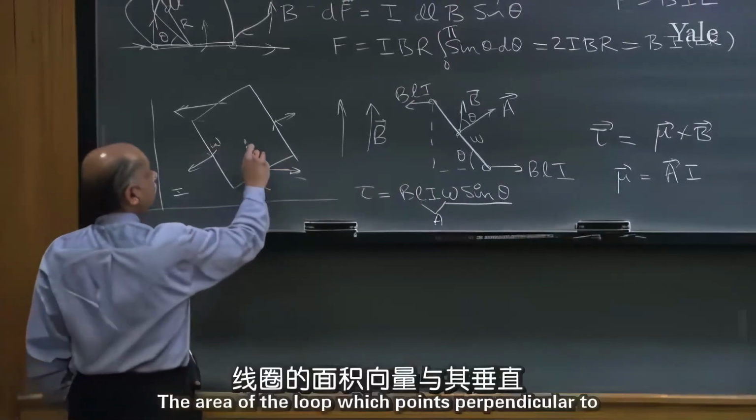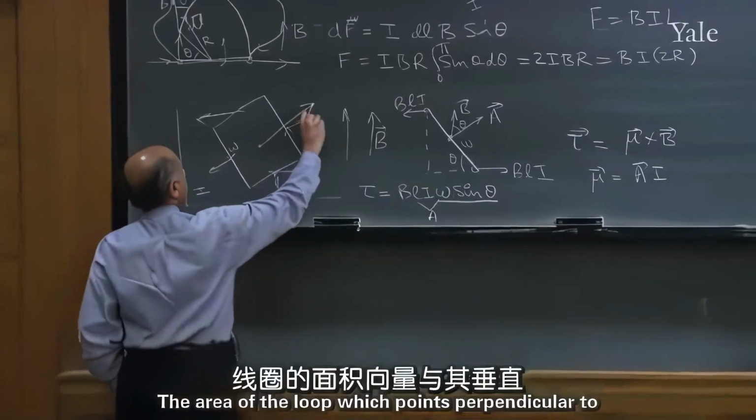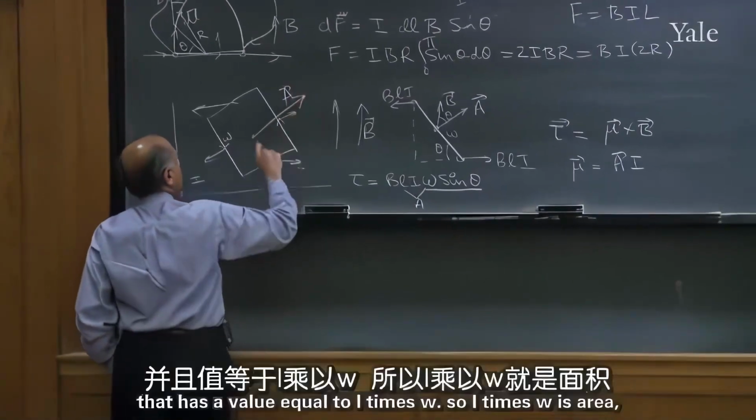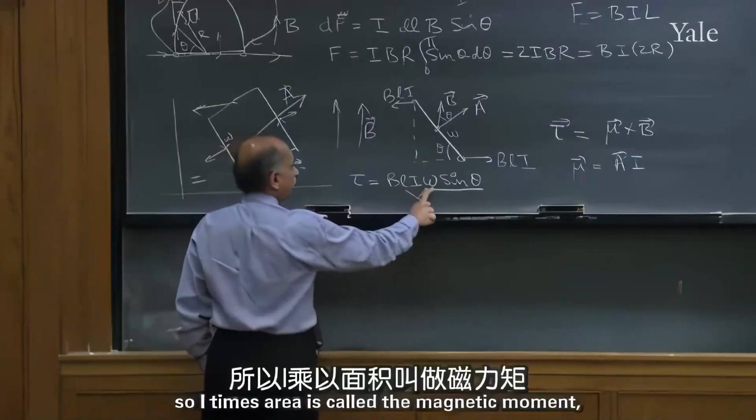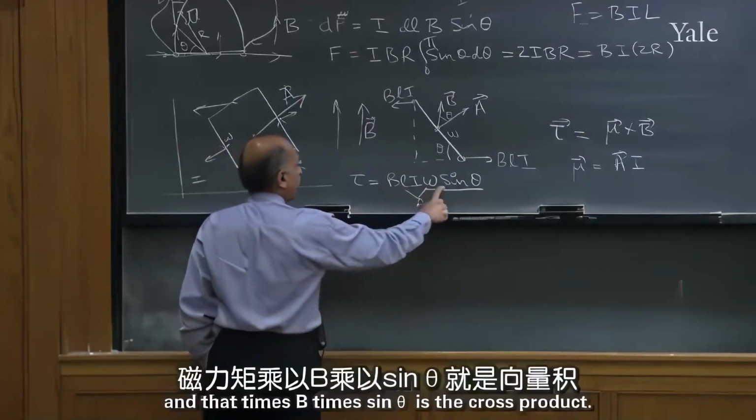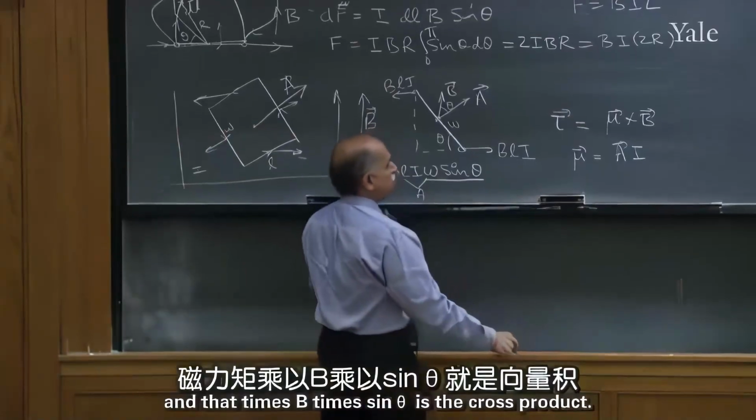The area of the loop, which points perpendicular to it, has a value equal to L times W. So I times area is called the magnetic moment, and that times B times sine theta is the cross product.